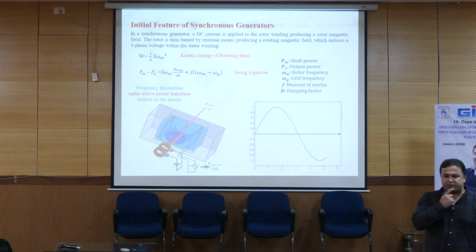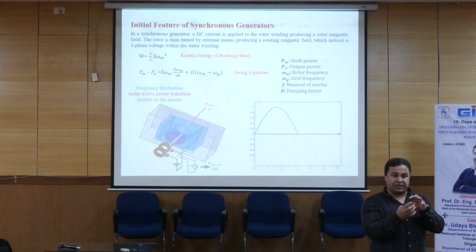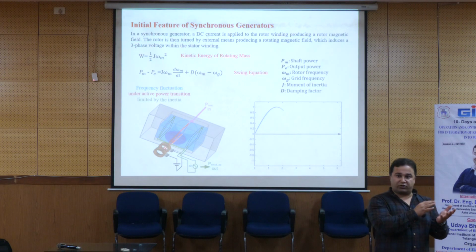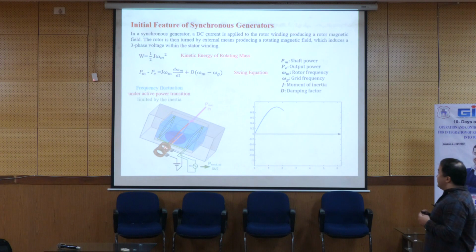So this is something we are suffering from. But the question is whether we can emulate the behavior of the synchronous generator in a power electronic based generator or not. If we go back to the structure of this generator, we have a DC current applied to the rotor winding, which provides the magnetic field, and an external provider like a wind turbine applies mechanical power and rotates the shaft, and based on that we produce electricity.